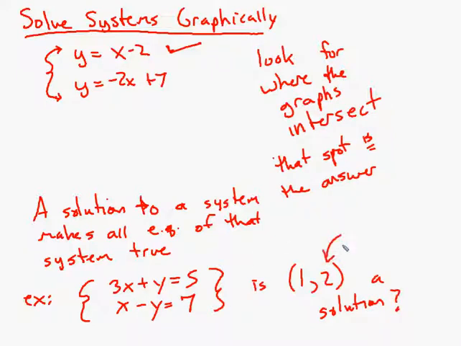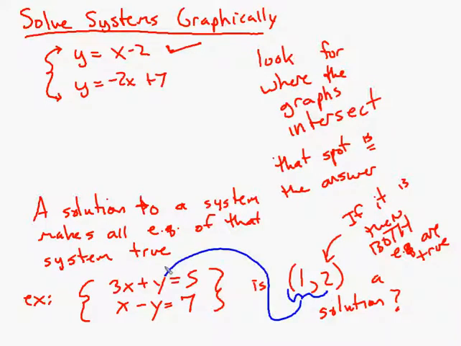If this is, then both or all equations will be true. You get what I'm saying? So how am I going to check that? Well, I'm going to put this in for x and y in both of these and check them. Now, just because it works in one does not mean that therefore it's correct. It has to work in both of them.